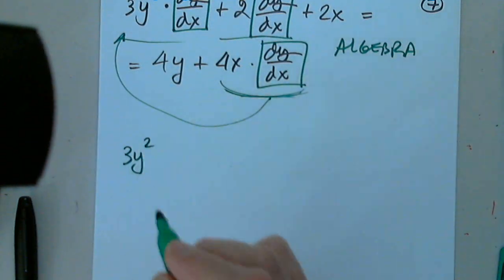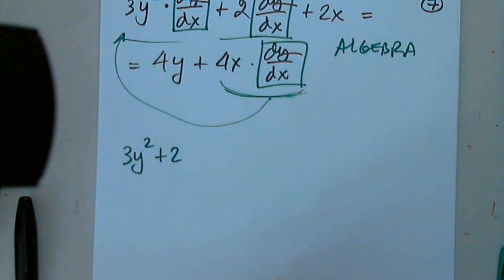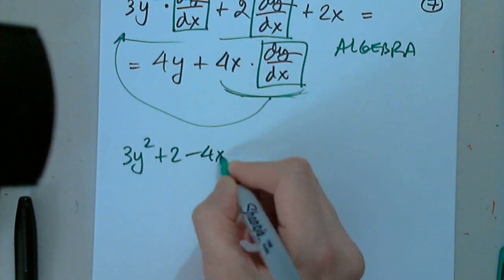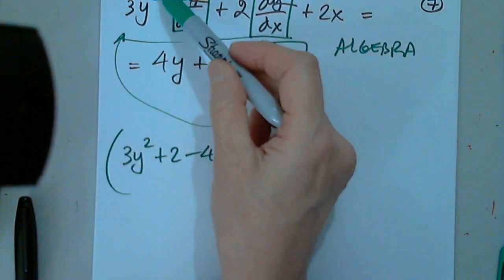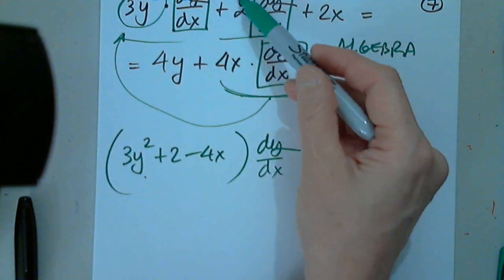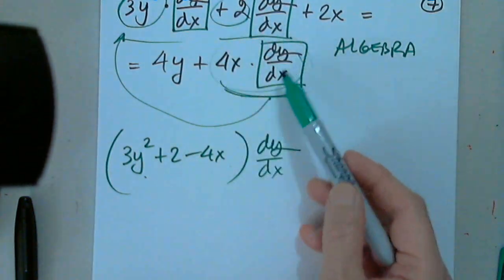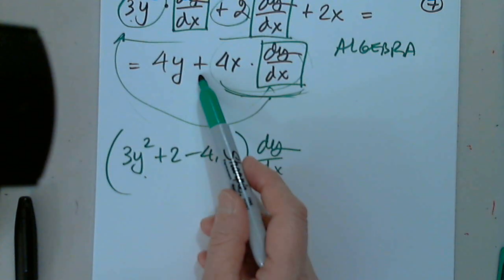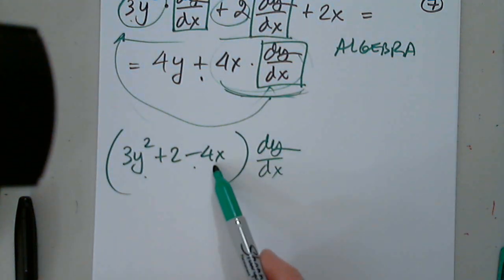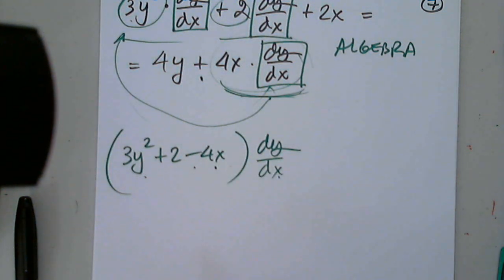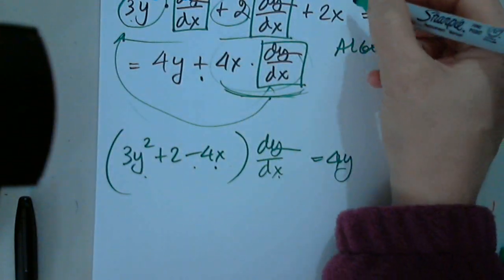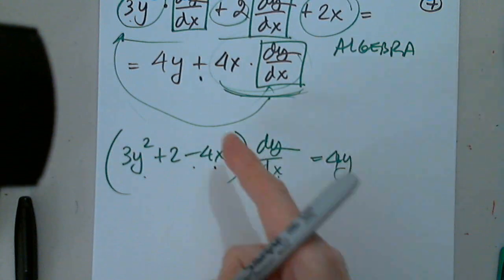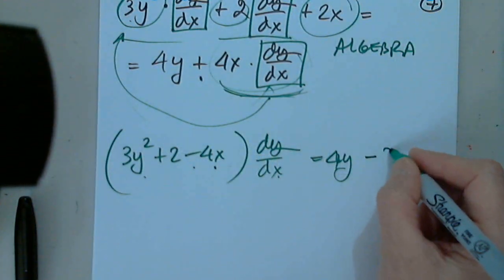So 3y squared plus 2 minus 4x. I already factored out dy over dx. 3y squared, positive 2. This term gets moved and its sign gets changed. And I factor out dy over dx. 4y is on the right-hand side, but there is a little term that does not have the variable, so it has to move to the other side.